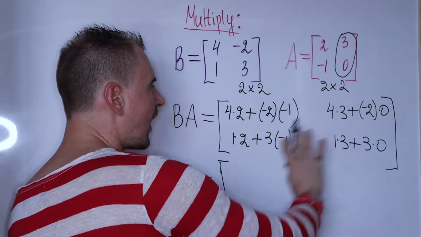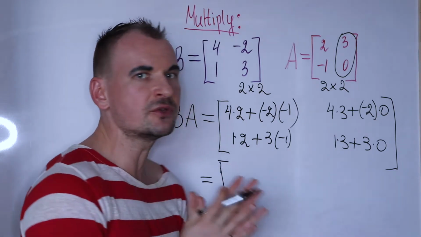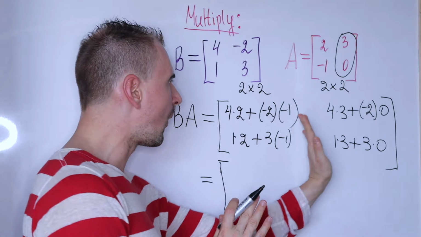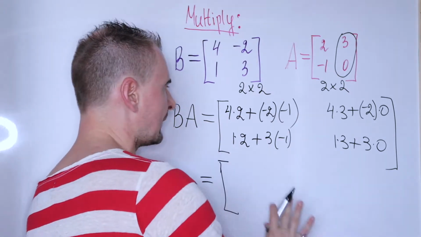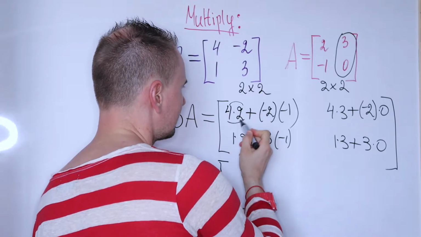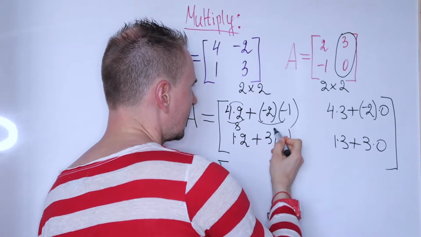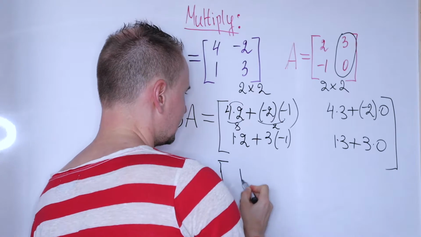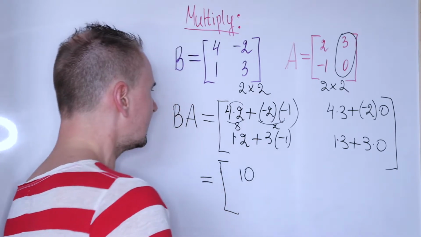Again, if you are comfortable with this, you could simply skip over this step and just write the final matrix. So it becomes 8 plus 2, that gives you 10.